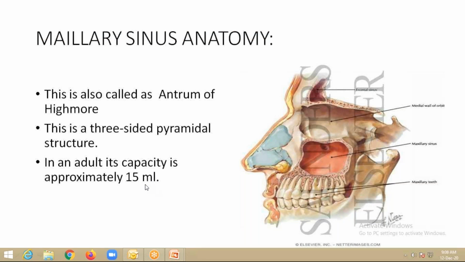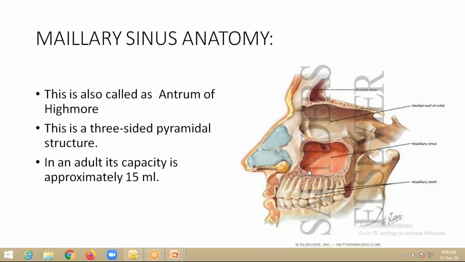So another interesting thing, these all I think you have been told. I'm just revising a little bit to refresh your memory. Here you can see the opening. So this is known as the natural ostium, through which whatever secretions are there in the maxillary sinus drain. Now you see how high up the ostium is, almost near the roof. So then what happens?